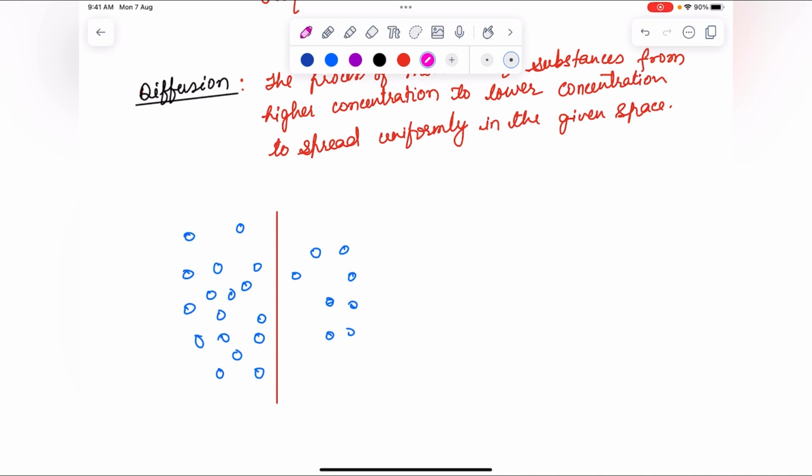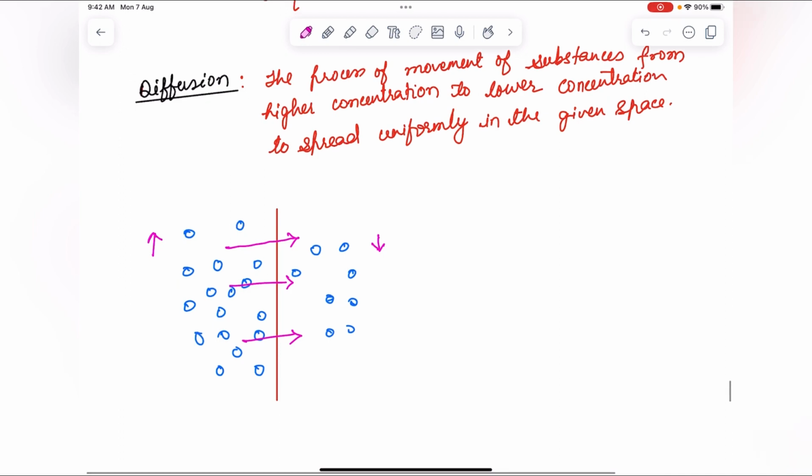Here the concentration of molecules is higher and here the concentration is low. So the movement across the membrane will be from higher to lower concentration, like this. This process is called diffusion. It can be gases, liquid or solid.